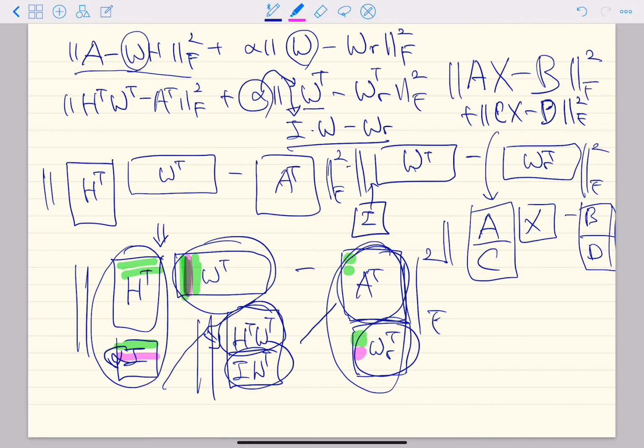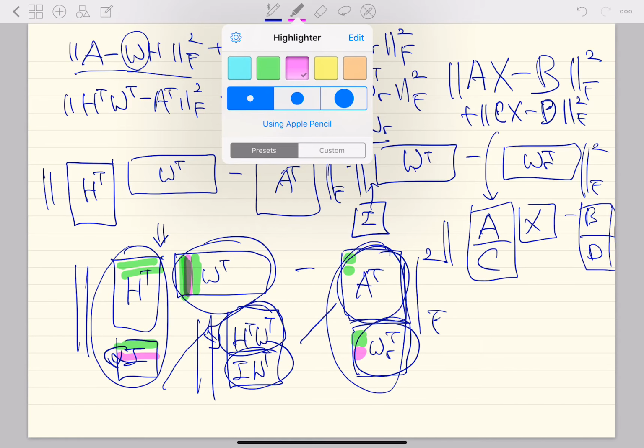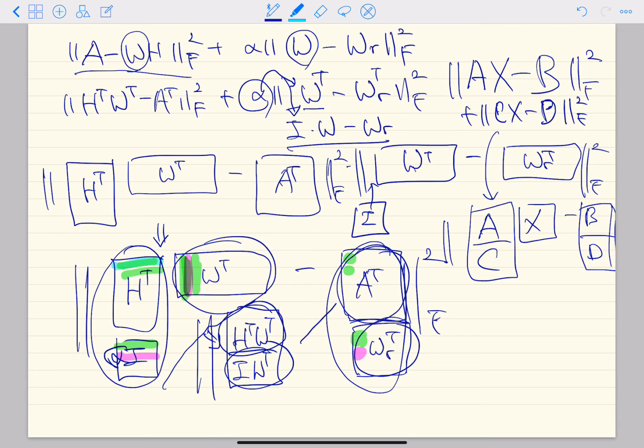So we just arranged it in a single column. And then similarly, this guy times this guy is some element over here, and this guy times this is somewhere over here, right? So that way we can have these correspondences in the big Frobenius norm case.